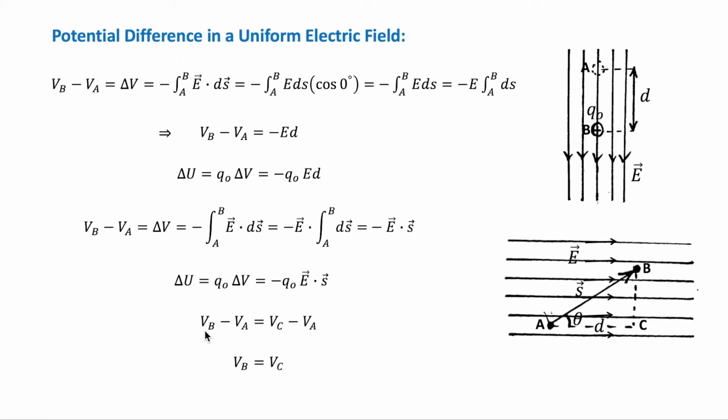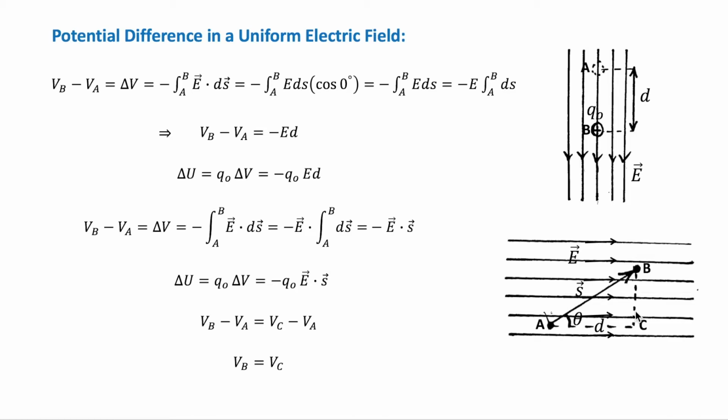You can prove that VB minus VA is equal to VC minus VA, and this means that VB is equal to VC. So all points on this surface are at the same potential, and this is known as an equipotential surface. An equipotential surface is defined as any surface in which all points within the surface have the same electric potential.